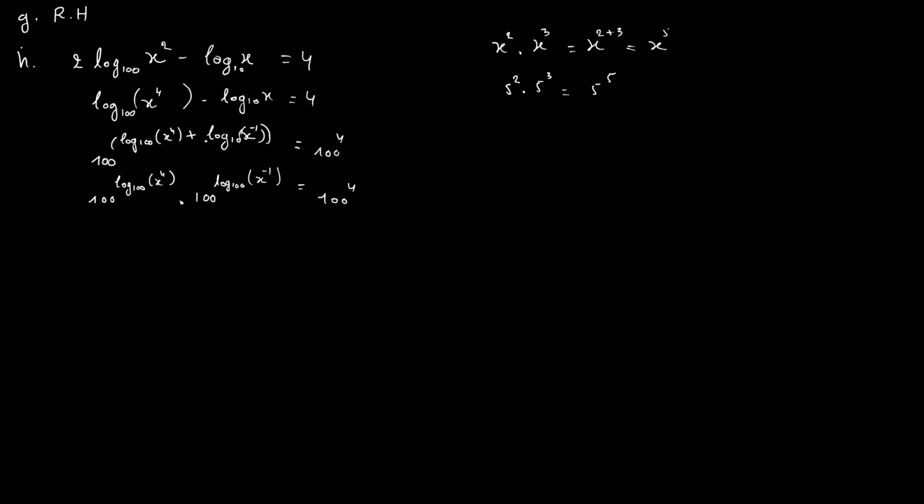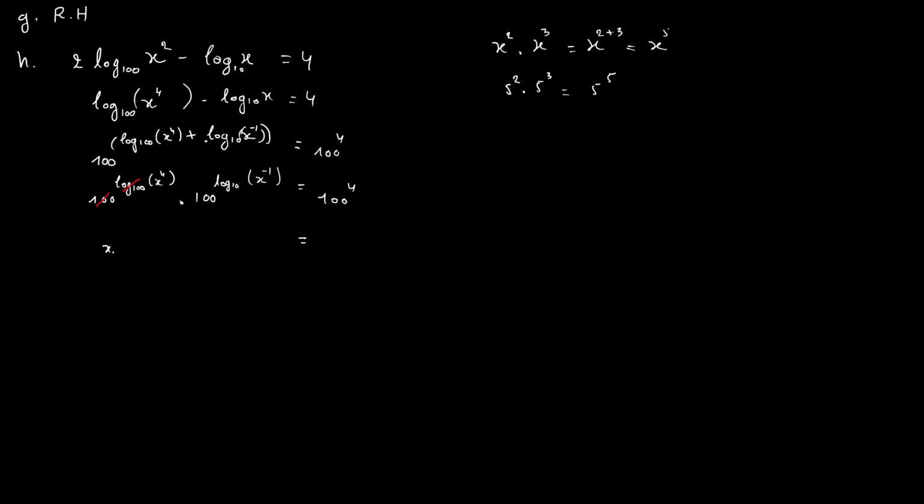Okay, and this already helps us a little bit, because now we can easily cancel these two things out because they're neatly inverses. But we're still stuck with this thing over here, 100 to the log 100, sorry, this is not log 100, this is log 10. So 100 to the log 10 of x to the power of -1 is equal to 100 to the power of 4. But the nice thing here is that 100, we can rewrite that.